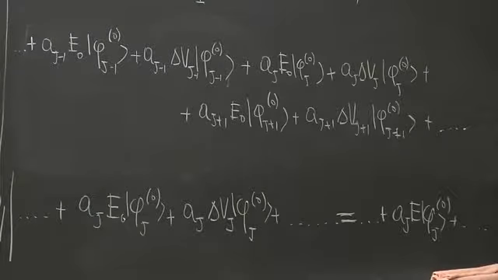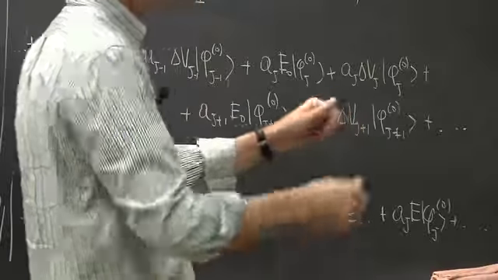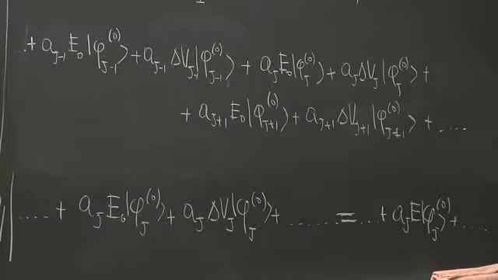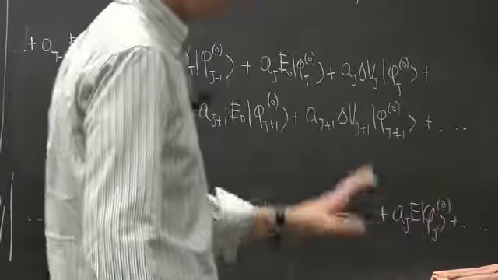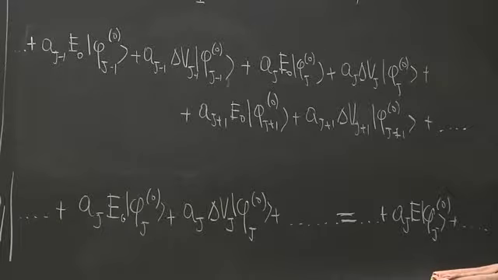Okay, what I've done is I've just added two more terms, the neighbors term on the left and on the right. The reason I'm doing that will become clear in a moment.